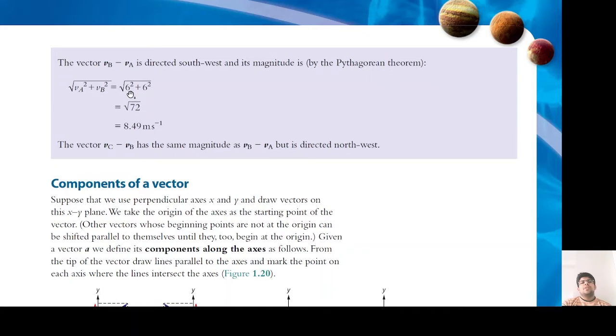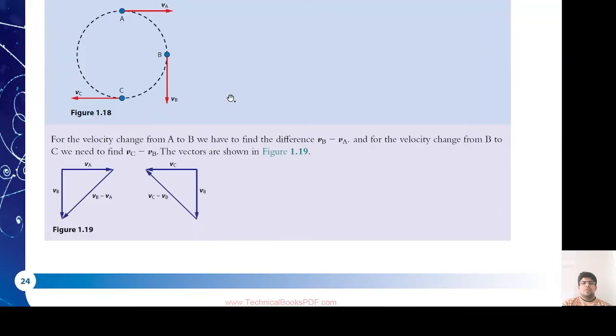How? 6 sixes are 36 and 36 twos are 72, so its root is 8.49. And the vector VC minus VB has the same magnitude as VB minus VA, but the direction is northwest.